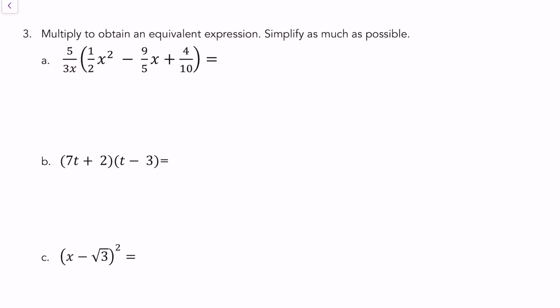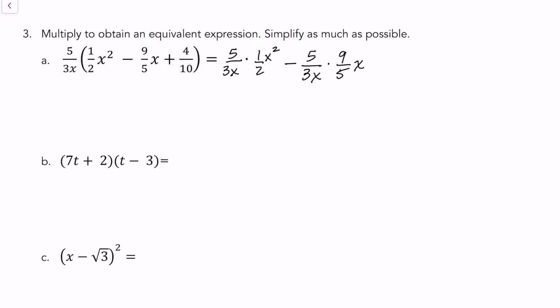So the first term is going to be 5 divided by 3x times this first term in the parentheses. So this is going to be 1/2 x squared, minus, because we have a minus sign over here, 5 divided by 3x times 9 divided by 5 times x, which is this term over here.